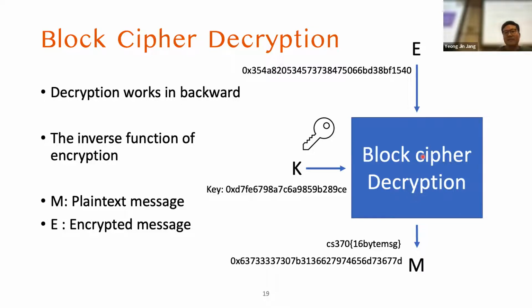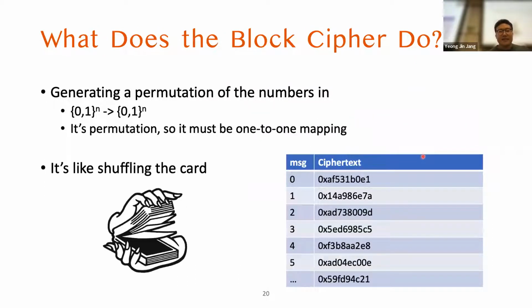Any questions about the concept of what a block cipher is? So you can think of it as just a 16-byte encryption and decryption. And what does the block cipher do? Conceptually, it generates a permutation of the numbers.